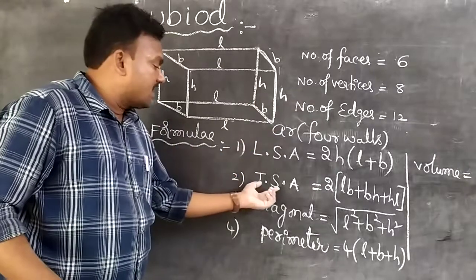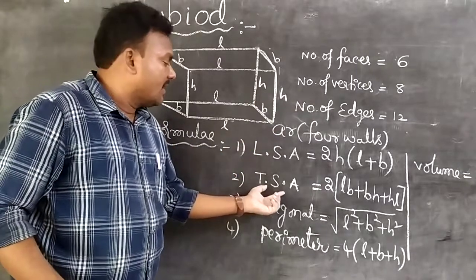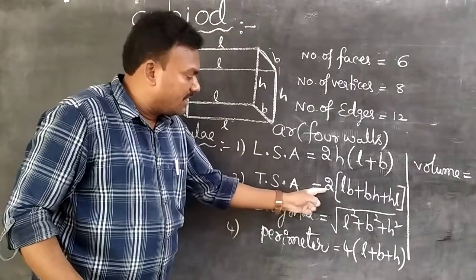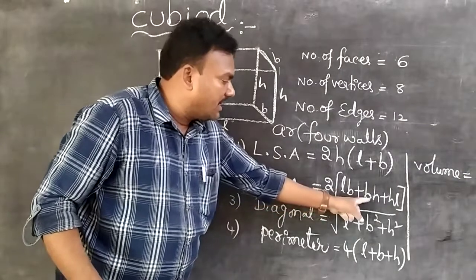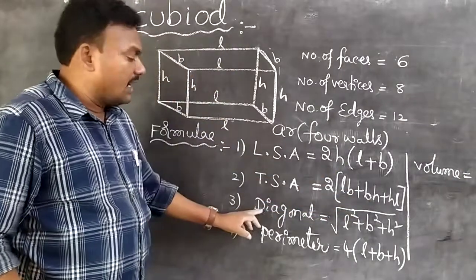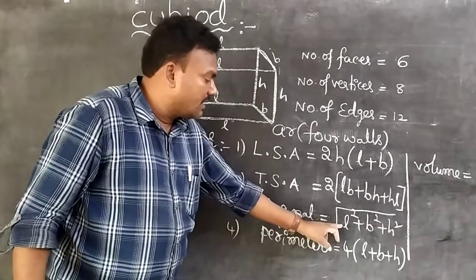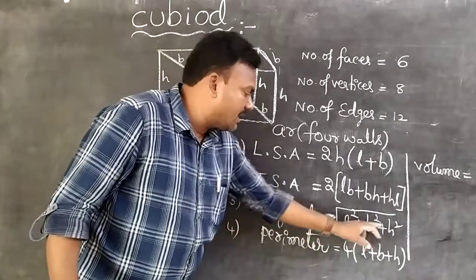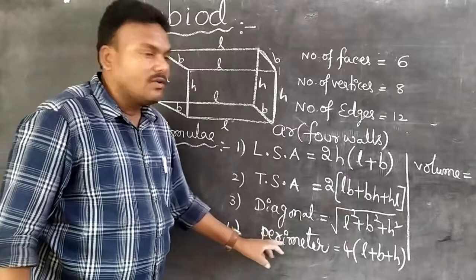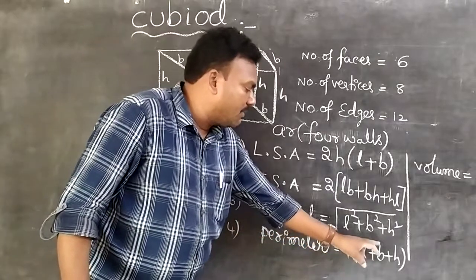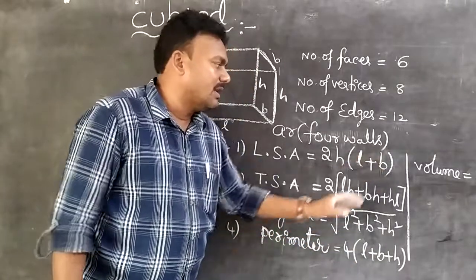Next, TSA means total surface area: 2 of LB plus BH plus HL. Next, diagonal: square root of L square plus B square plus H square. And perimeter equals 4 of L plus B plus H, and value equals LBH.